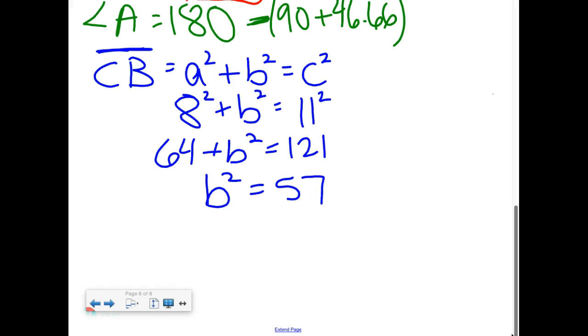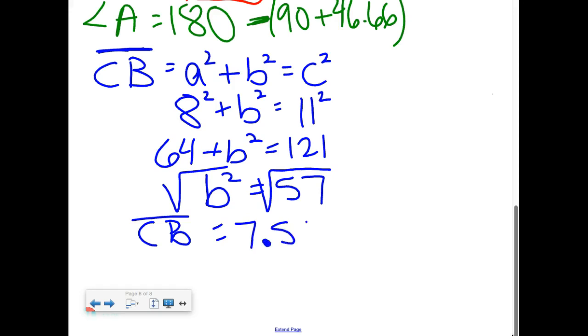And then to get rid of the square, we're going to square root. Yesterday, I let you leave them like this. Today, just in case we need to practice this, let's take the square root of 57. And we're going to say that side, or really our side CB, is going to equal 7.55. Yeah. All right, so now we have all three sides.